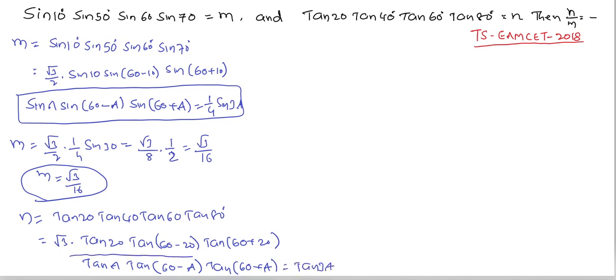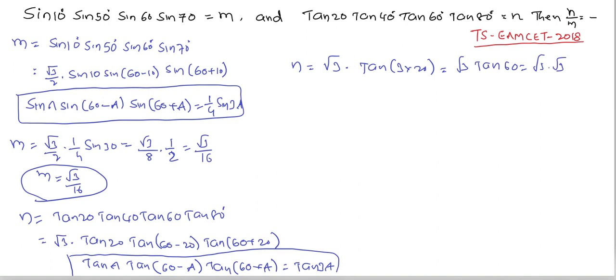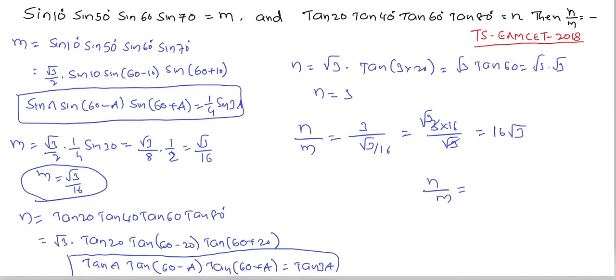Applying this formula, n is equal to root 3 into tan 3 into 20, that is root 3 into tan 60. Again tan 60 value is root 3, so n is equal to 3. Then we find the value of n by m. That is 3 by root 3 by 16, and the root 3 terms cancel.